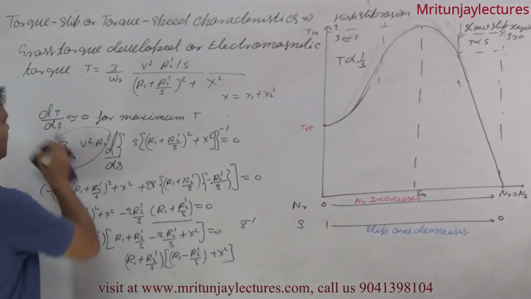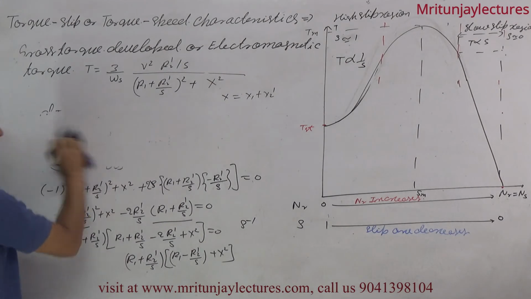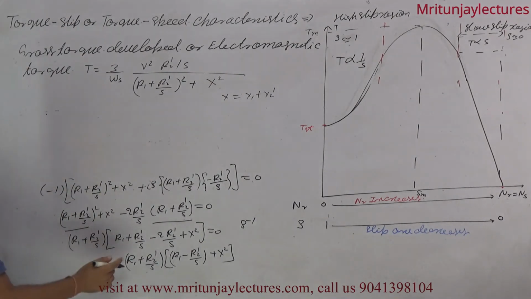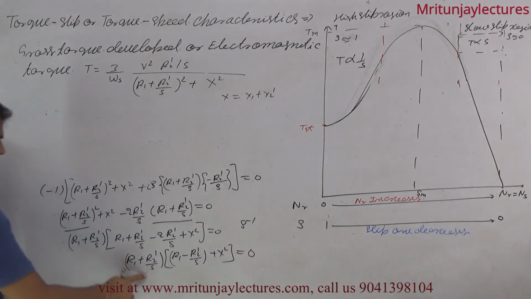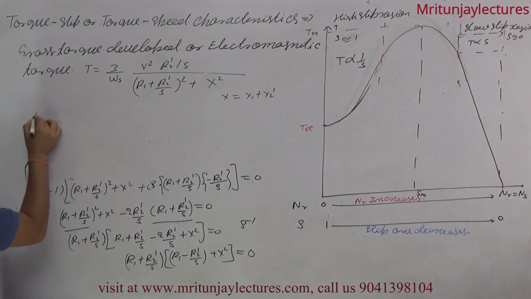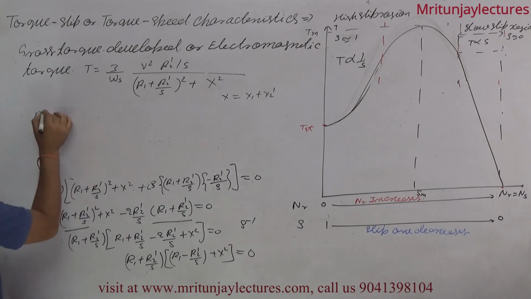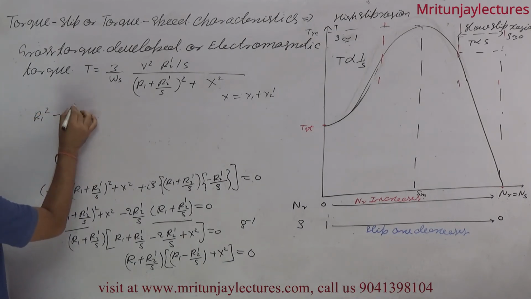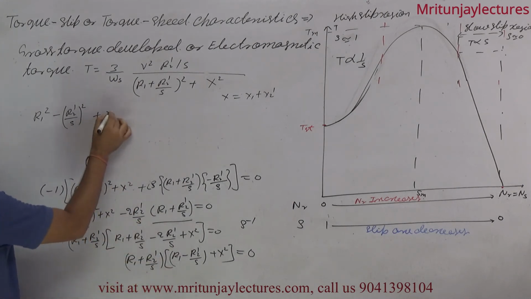Now another way, this will be equal to 0. So finally we got ((r1 − r2')/s)² plus x², this will be equal to 0.